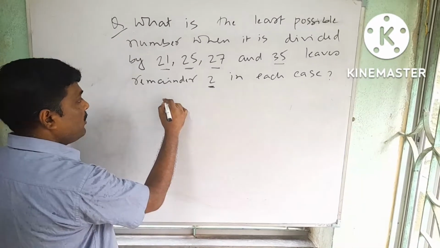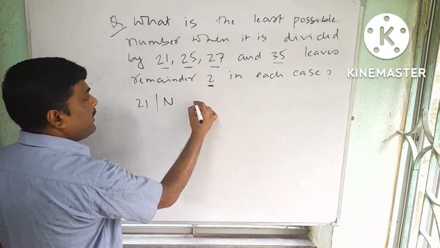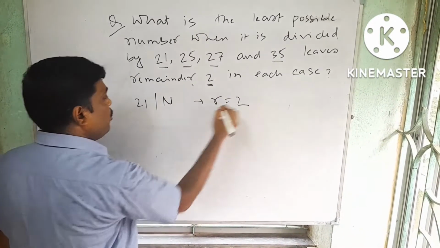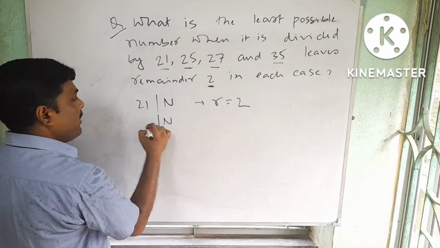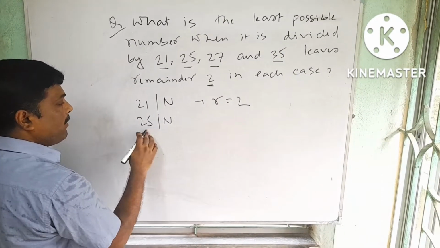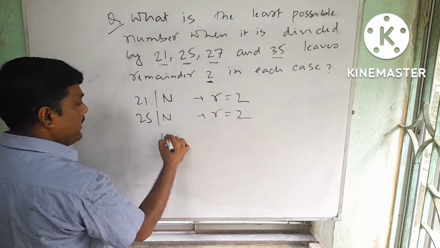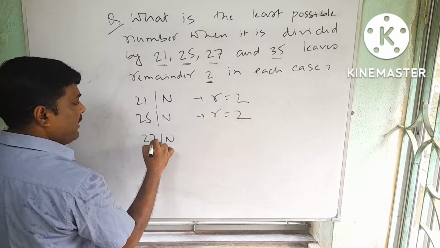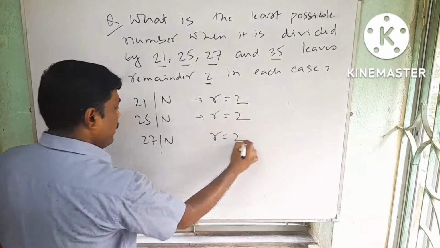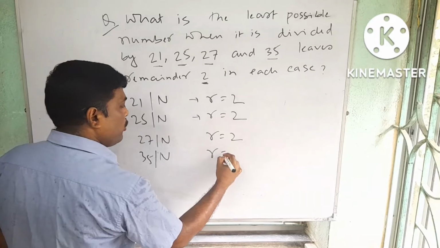Okay, so the number n, dividing by 21, remainder r equals 2, dividing the number by 25, remainder r equals 2, dividing the number by 27, remainder 2, dividing by 35, remainder 2.